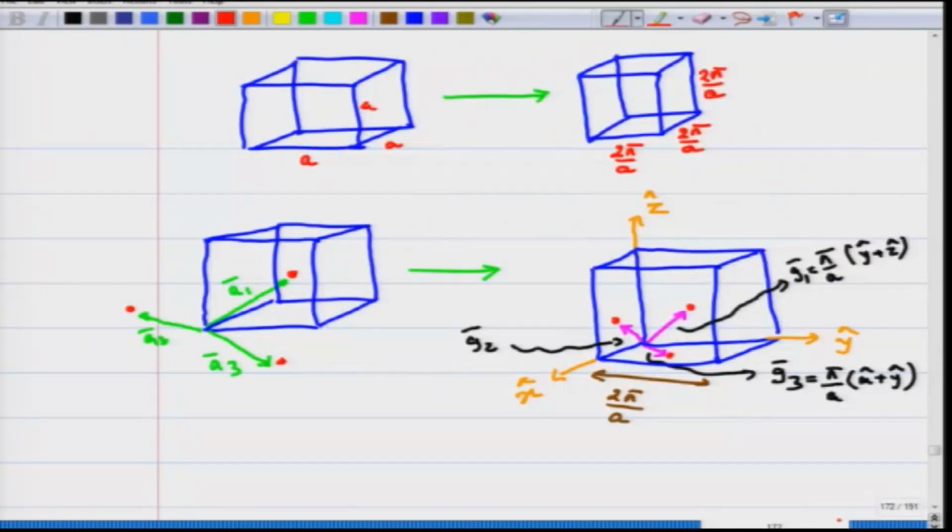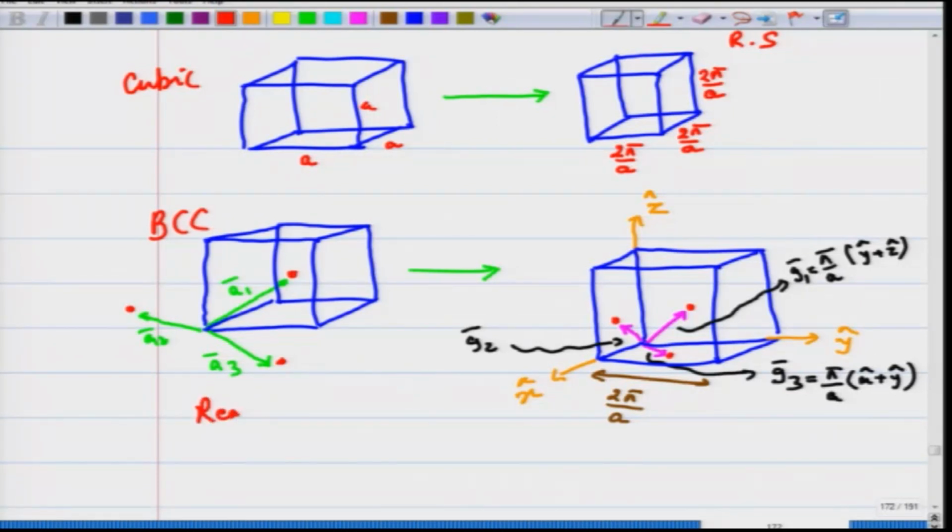So, if you have a cubic lattice with lattice spacings or lattice constants A, we know that it transforms in reciprocal space to a lattice with lattice spacings 2 pi by A. Now, this is your BCC lattice which we had drawn earlier in real space.